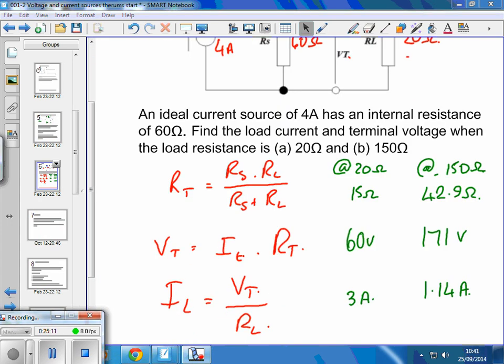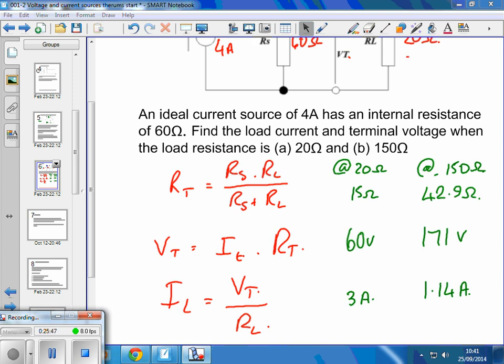So those are the results you should get for 20 ohms and 150 ohms. As you can see, with regard to the load current, if we increase the resistance of the load, less current will go through the load, therefore we must be losing more inside the supply. And the terminal voltage is going to vary to allow that to happen.